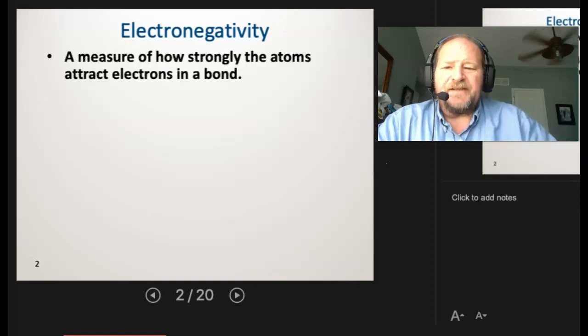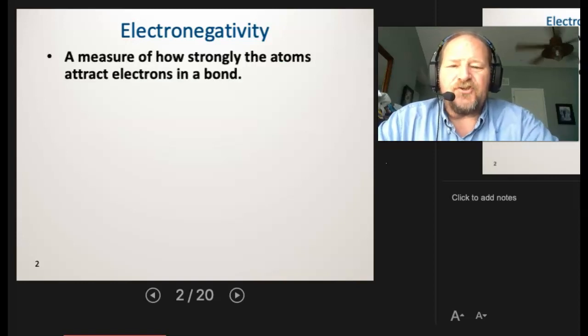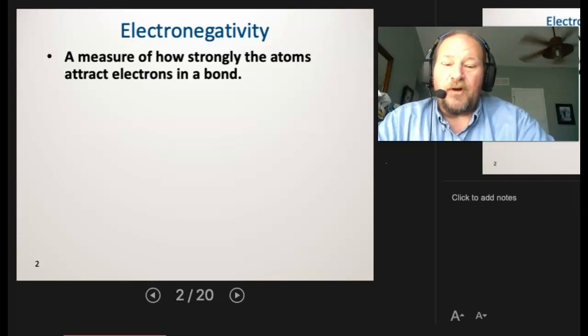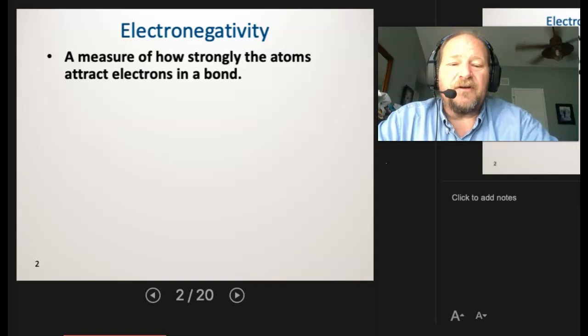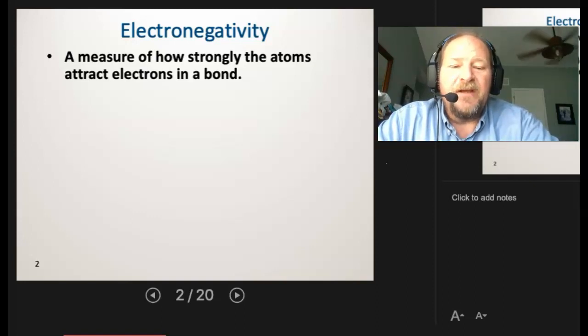Now, electronegativity is the measure of how strongly atoms attract electrons in a bond. So if we think about a covalent bond where we're sharing electrons, those electrons are not being shared equally. Some atoms, for instance the more electronegative ones, closer to the right-hand side, starting with fluorine, will attract the electrons much more strongly than other atoms.